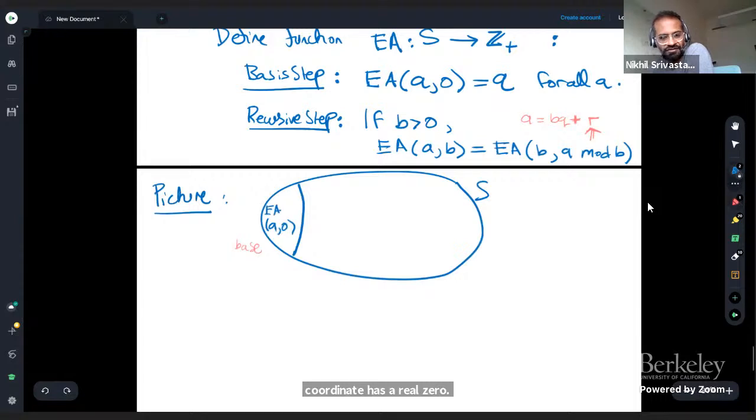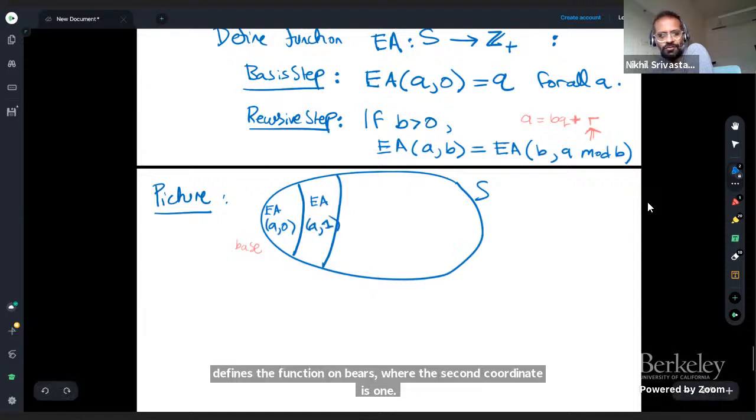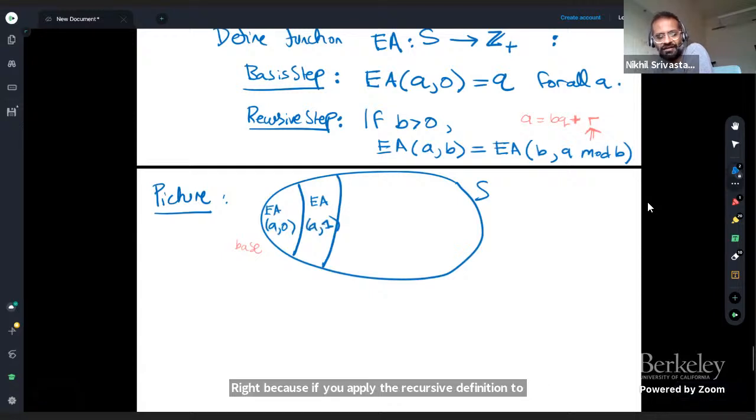But now the recursive step then defines the function on pairs where the second coordinate is 1. Because if you apply the recursive definition to a pair where the second number is 1, then A mod 1 is always going to be 0.